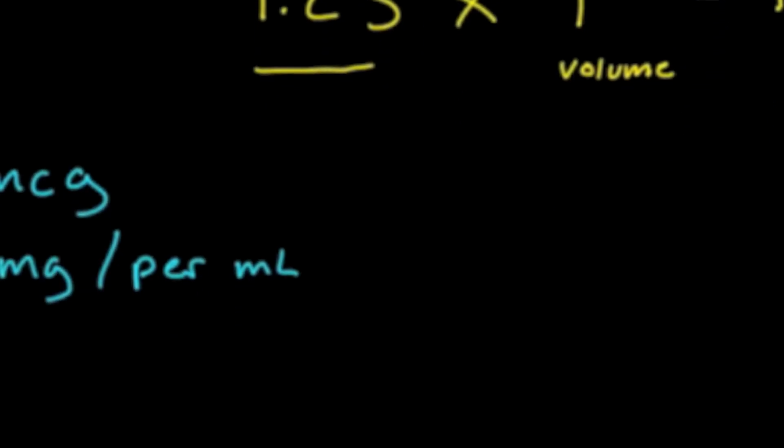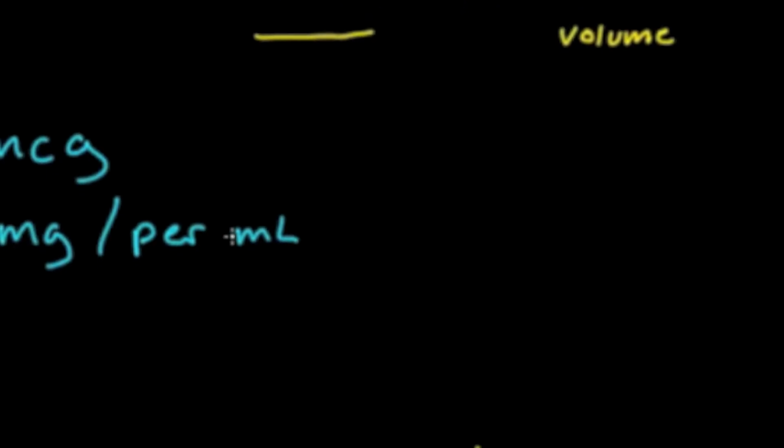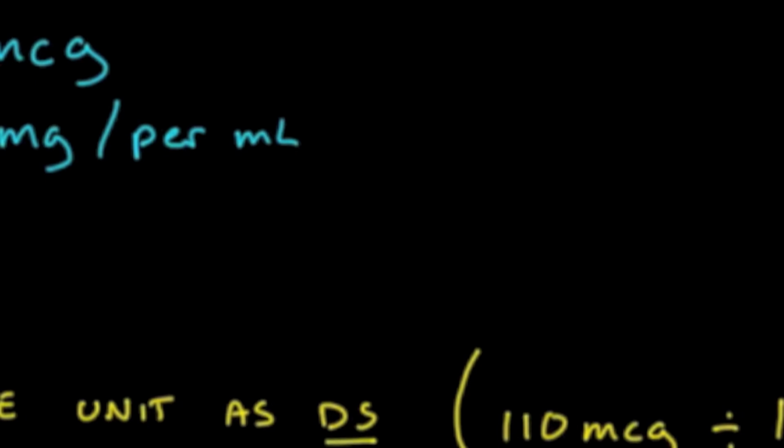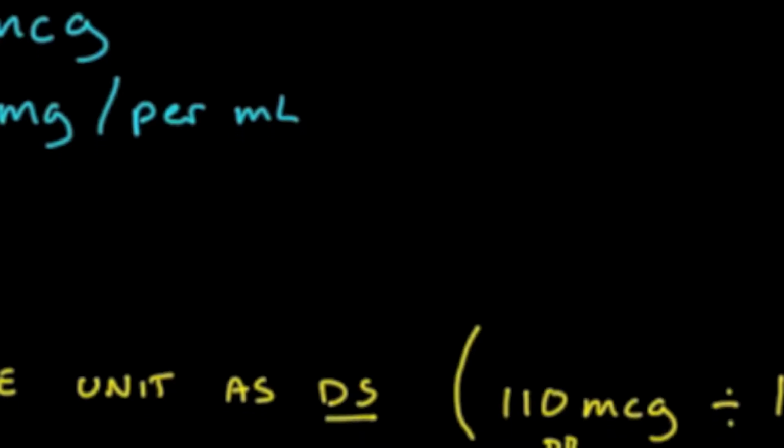Number 2, the dosage required was 110 micrograms. The dosage supplied was 0.5 milligrams per ml. So your first step is to convert the dosage required to the same unit as the dosage supplied. So I did 110 micrograms divided by 1,000 to convert the micrograms to milligrams. So we're still working with the dosage required.